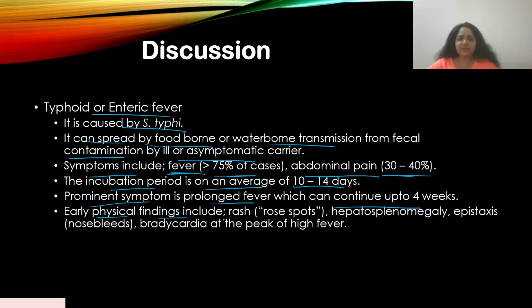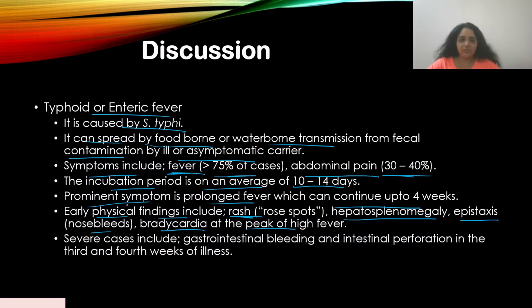The early physical findings include rash. You'll find hepatosplenomegaly, epistaxis, which is nosebleeds, and bradycardia at the peak of high fever. So these are some of the physical findings that you'll see in the case of typhoid. Severe cases include gastrointestinal bleeding and intestinal perforation in the 3rd and 4th week of illness.